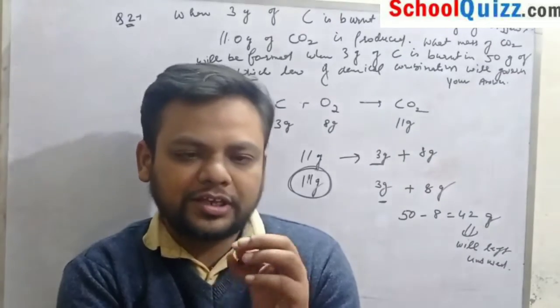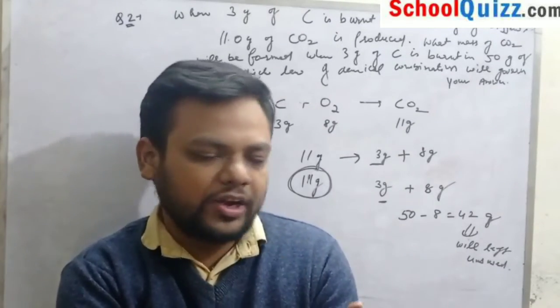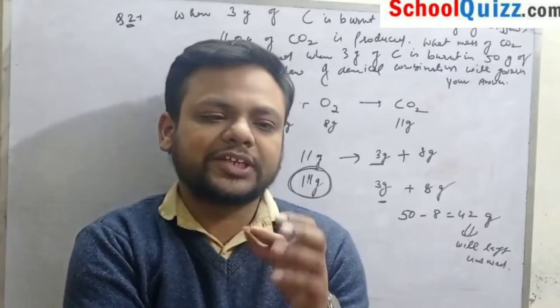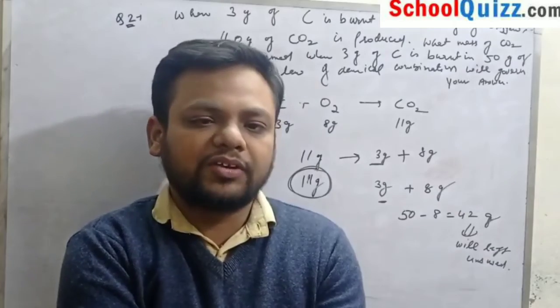So for 8 gram of oxygen only 3 grams of carbon are needed, and the rest of the oxygen, that is 42 gram, will be left behind.